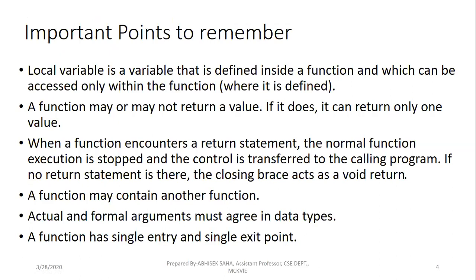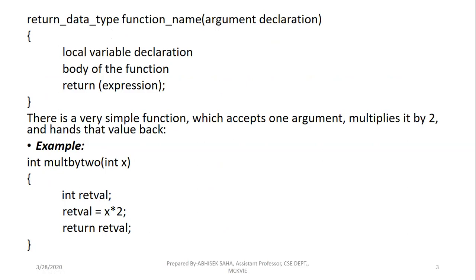Another important thing I must mention here: when I declare a variable, say retval, retval is local to the function mult by 2. What is the meaning of this local declaration?